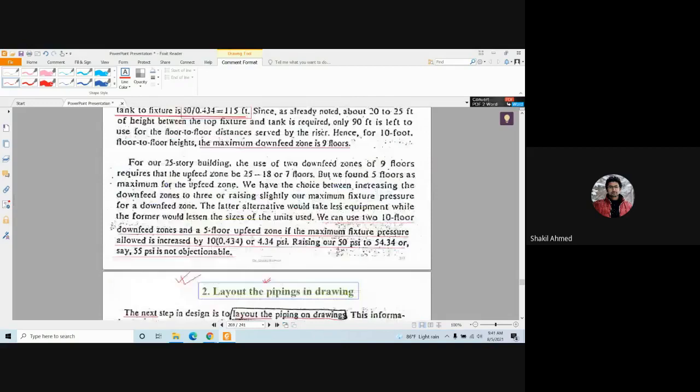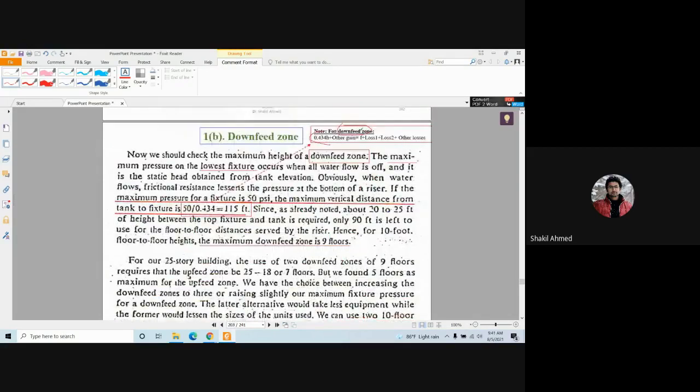And for the downfeed zone, the formula should be this. Input equals output. Always input equals output. So from here, your input is the potential energy from the height difference. That's why 0.434 H, the input, equals minimum fixture pressure plus different types of losses.